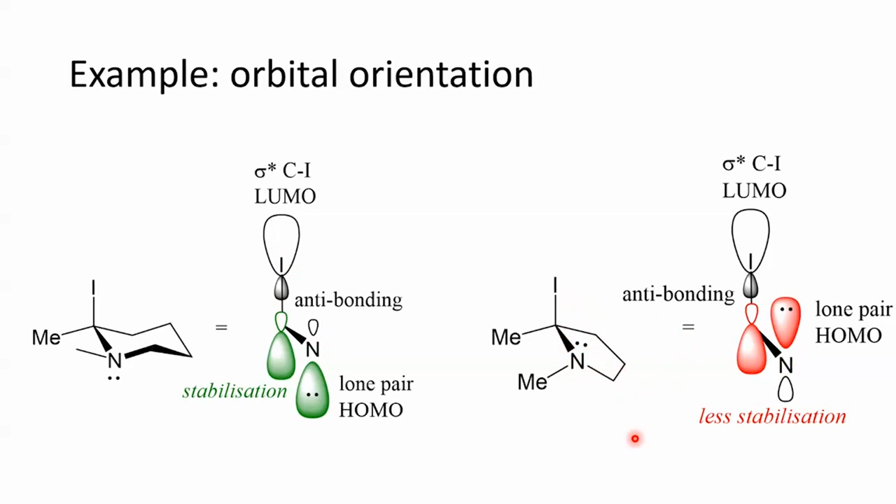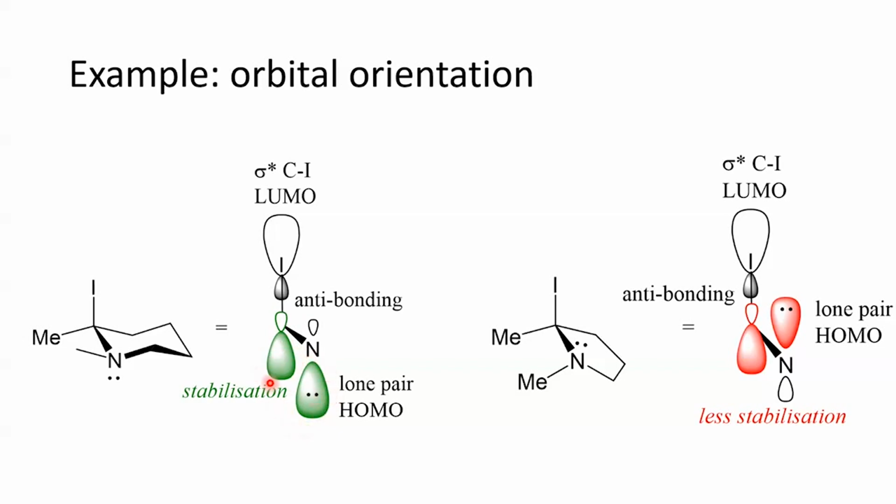Now, if the iodine is going to be acting as a leaving group, the bond keeping the iodine attached to the molecule needs to break. That is, it needs to enter the anti-bonding state. So if we draw that in, we have our anti-bonding interaction here, and we also have our opposing lobe of electron density here. Now in this situation, these two lobes are properly aligned to overlap, and so they are going to stabilize one another.